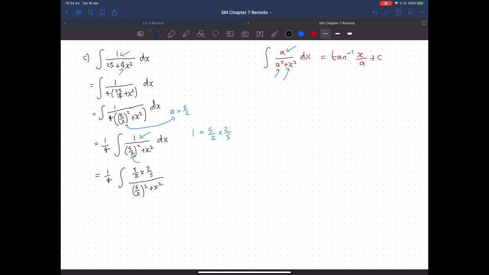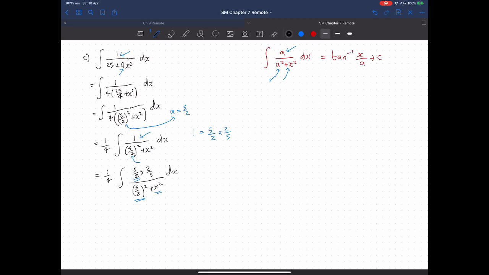Now comparing this to the formula, on the bottom line, we've got the 5 on 2 squared. On the top line, we've got the 5 on 2, which is our value for a, and we have the x squared. What we do not need within the integral sign is the 2 on 5.